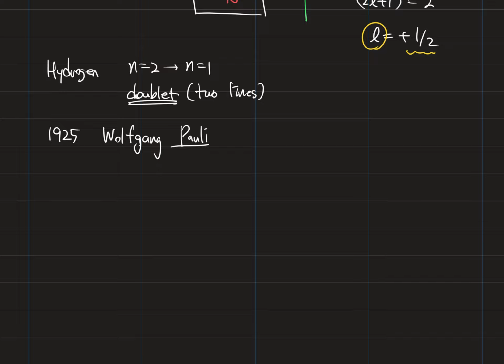So he introduced the fourth quantum number, the spin quantum number, called m sub s. And this value is restricted to two values: plus 1 over 2 and minus 1 over 2.